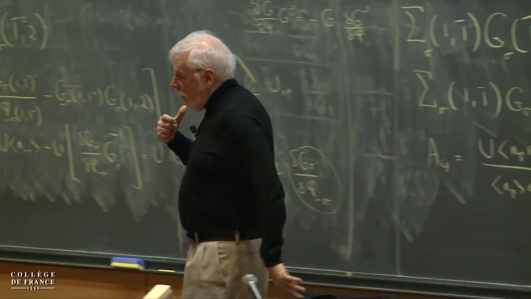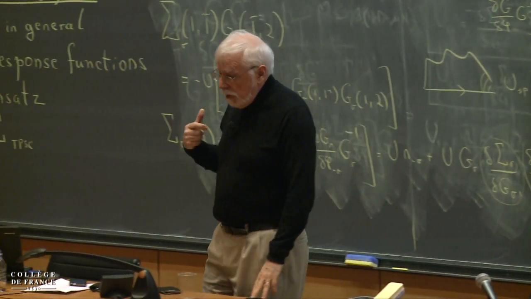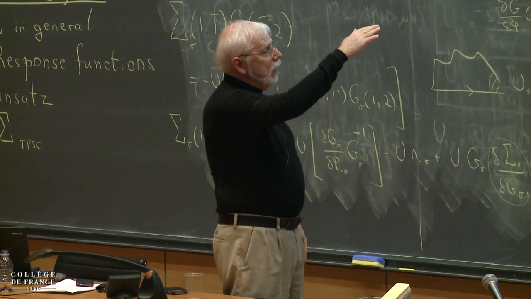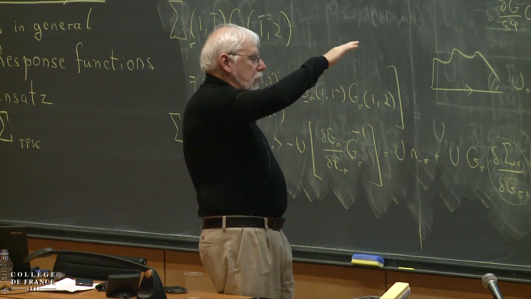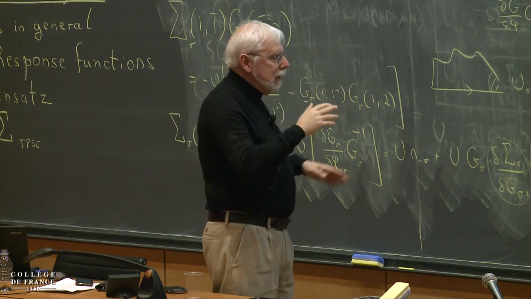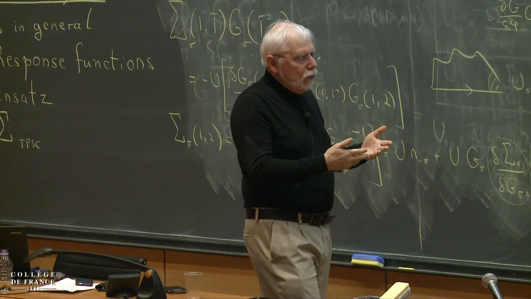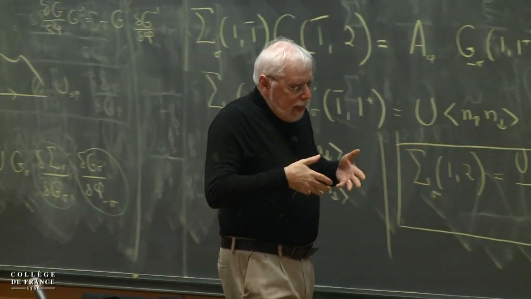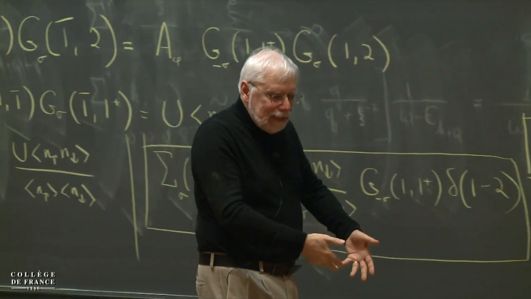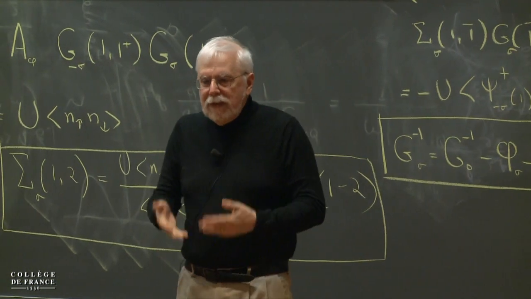If you ask whether TPSC is correct or not, I showed you that with DCA we get this agreement with double occupancy, and we check things of that sort. What we know is that TPSC is good when we enter this renormalized classical regime. But if you go too deep, it definitely fails.